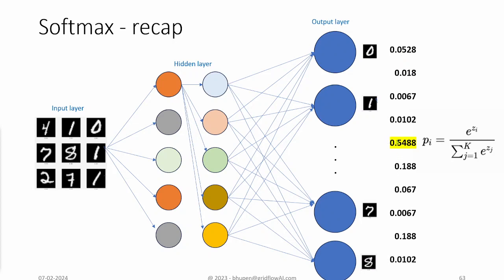And one of the neurons would be assigned the highest probability. Let's say it is digit 5, then the neuron corresponding to digit 5 will get the highest probability. That's how the softmax function works, and that's exactly what we do in the case of word vectors also.